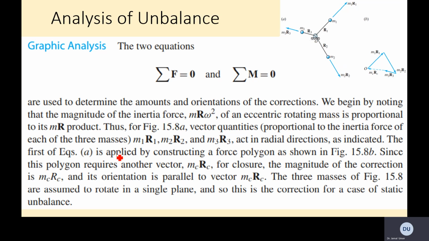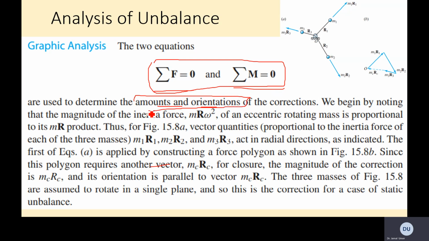A very famous equation for balancing: summation of forces must be zero, and summation of moments must be zero as well. If you reach these two conditions, it means you are balanced. So they are used to determine the amounts and orientation. Both things are really important. We need the amounts and orientation of the corrections.